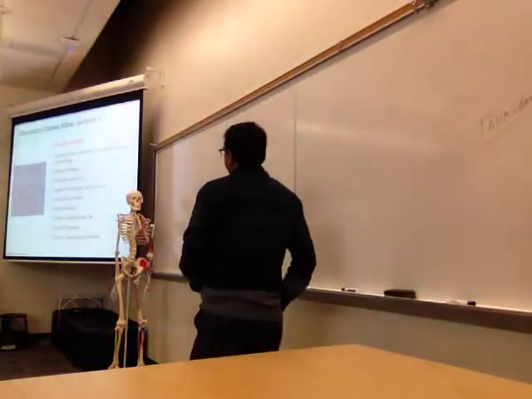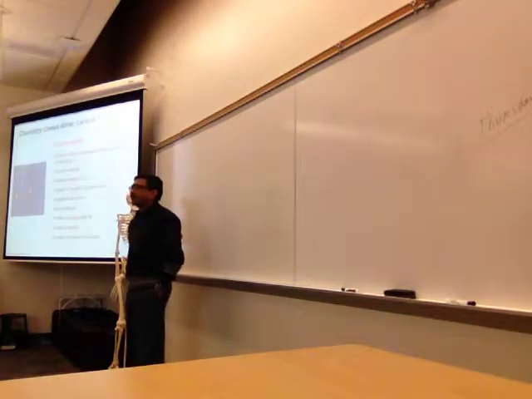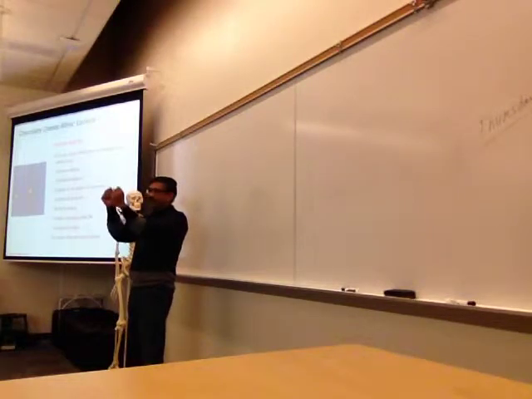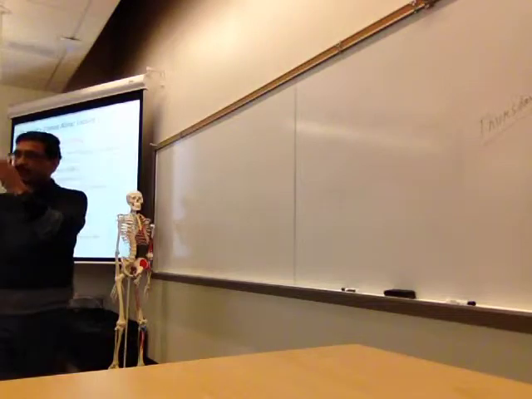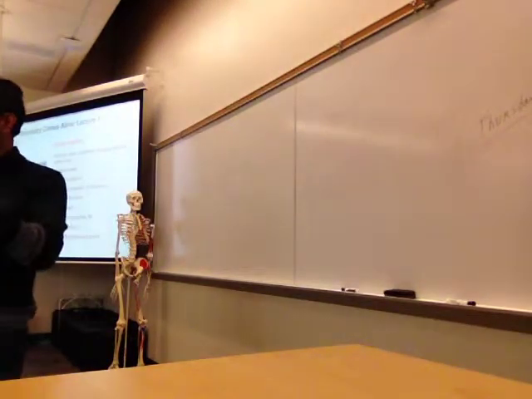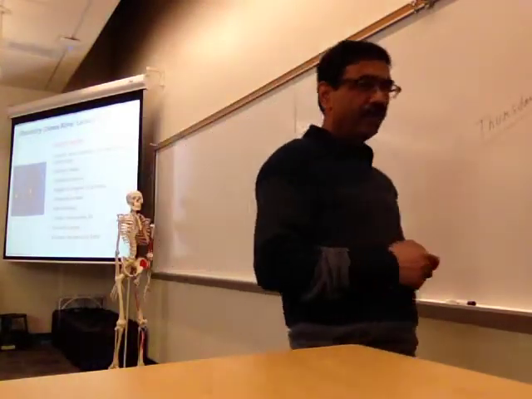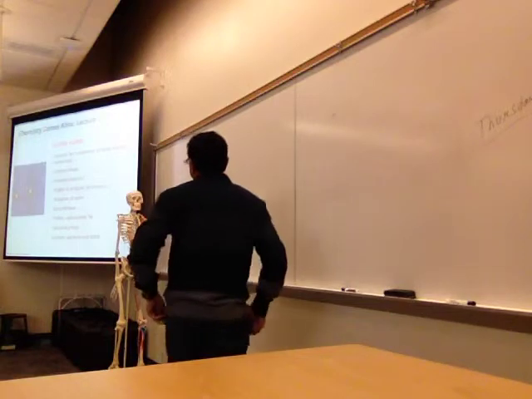Then we'll talk about the chemical bonds. Bonds are attractions, how the chemical molecules are attached to each other. So what are the different types of chemical bonds commonly seen in our body?